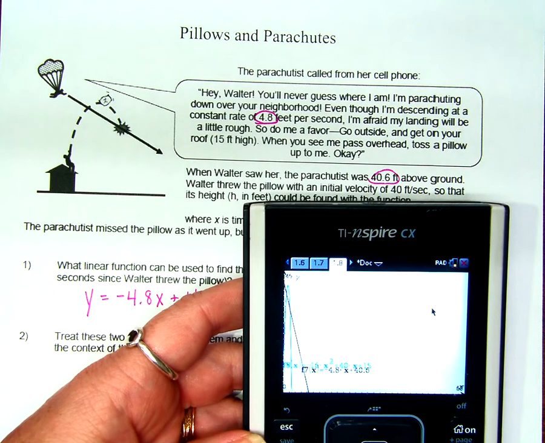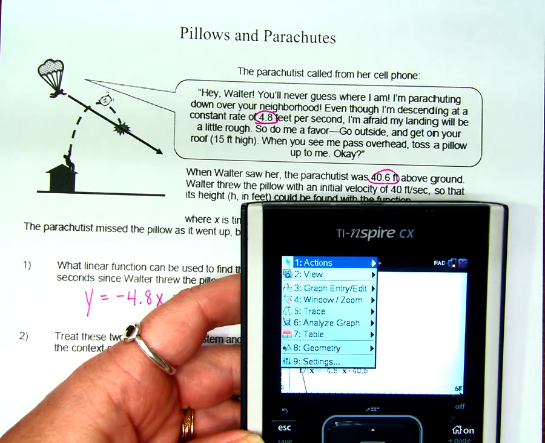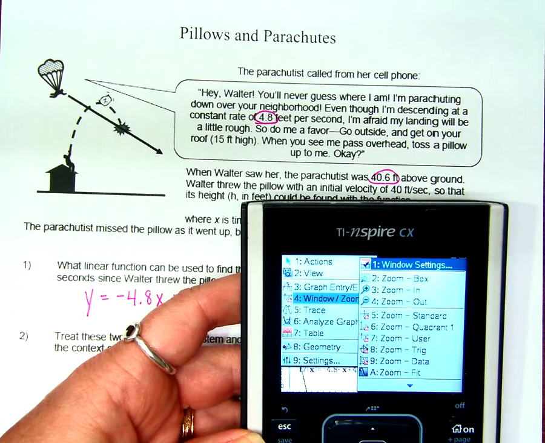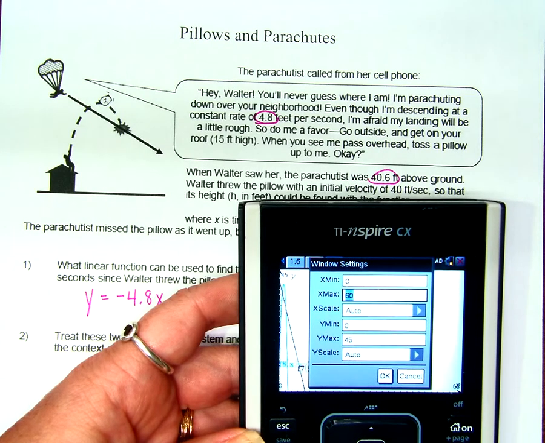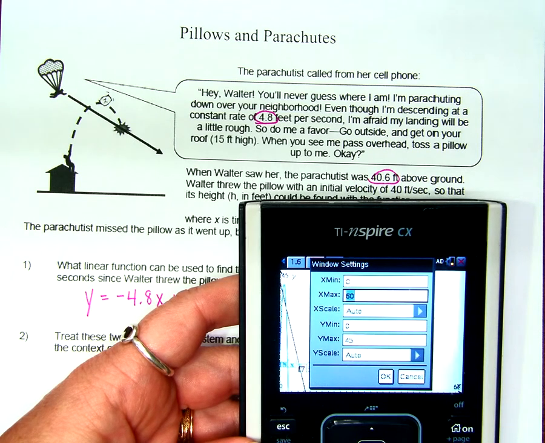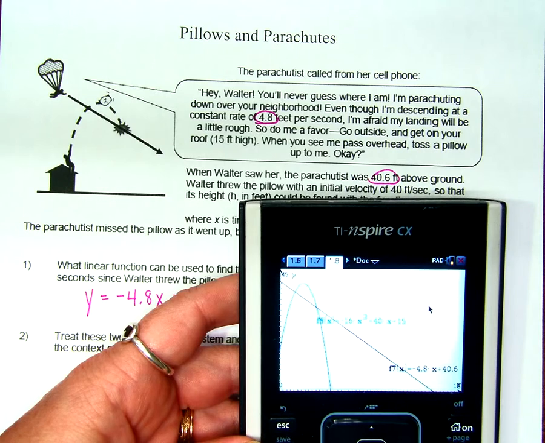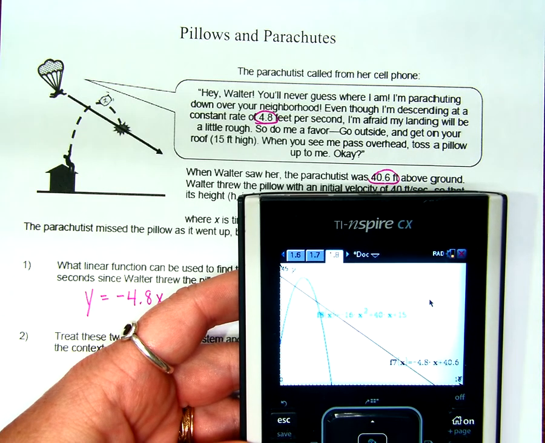No. What do you want to change? Okay, so menu, window, settings. What do you want x max to be? 10? Is that better? It's a little bit better. Are you okay with it?